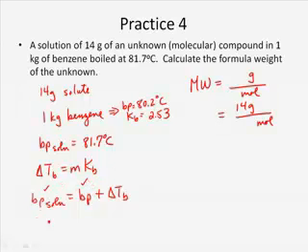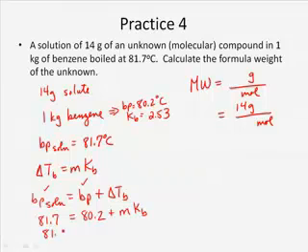We have 81.7, and 80.2 was the original, and this is equal to the molality times Kb. So 81.7 equals 80.2 plus the molality times my Kb, which is 2.53.